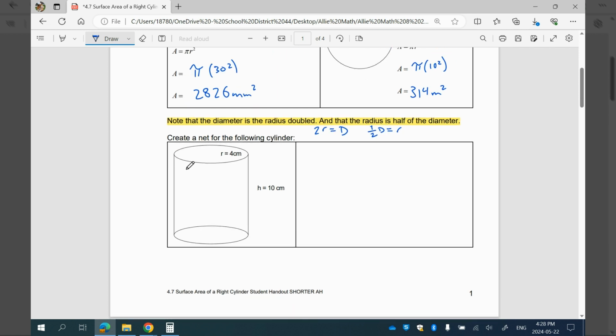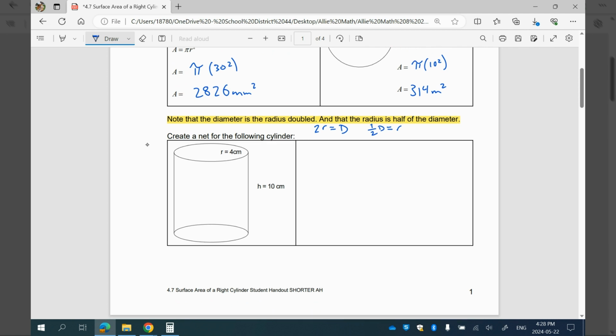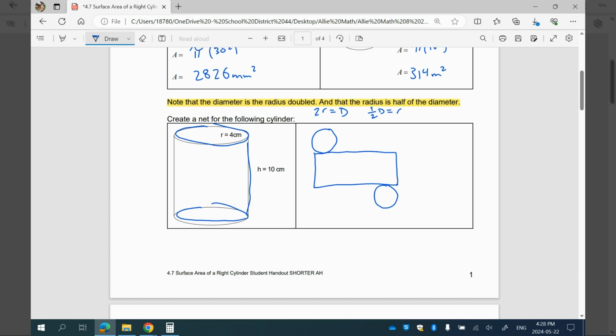The first step is to create a net of the following cylinder. I think in the very beginning we did some nets of cylinders, so let's draw one now. So we have our top and bottom circle. There's a circle here, there's a circle at the bottom. And then we have this long part. I'm going to call it later in our notes a label, because I always think about a can, a soup can.